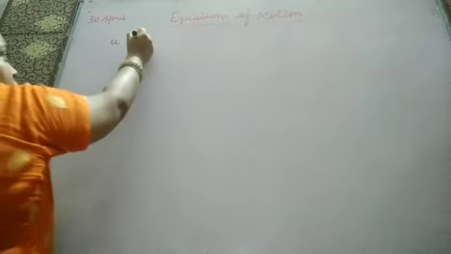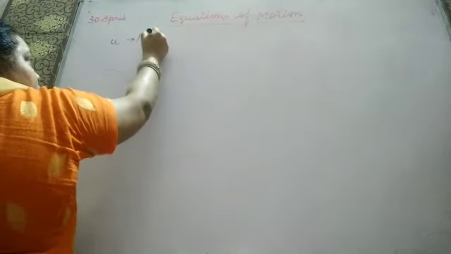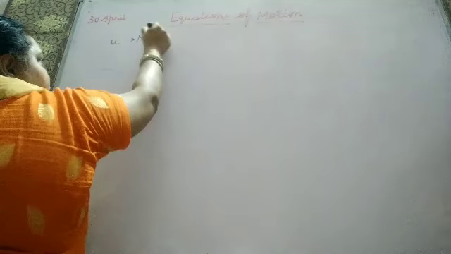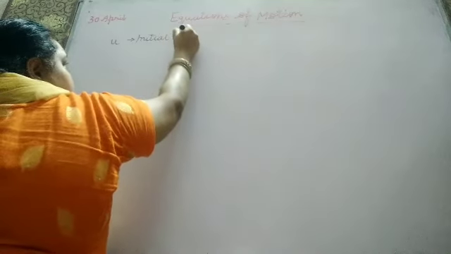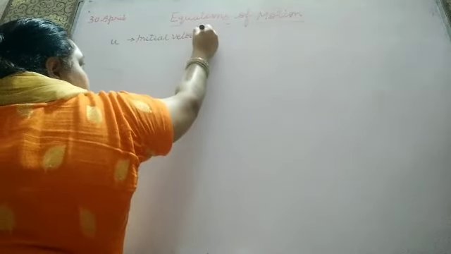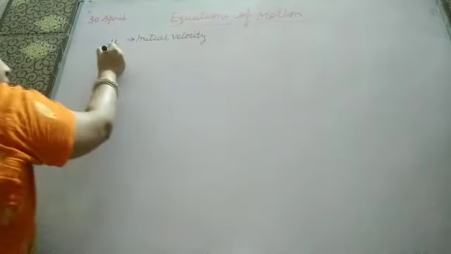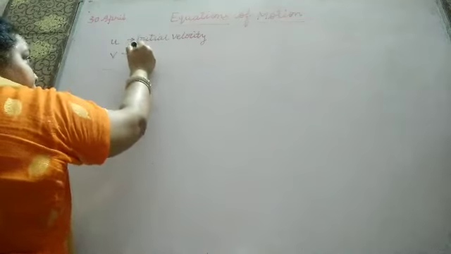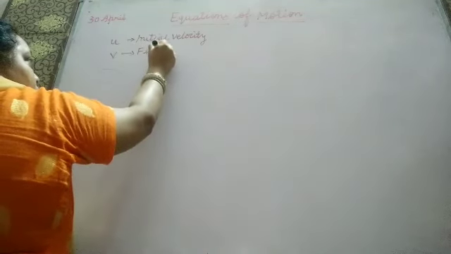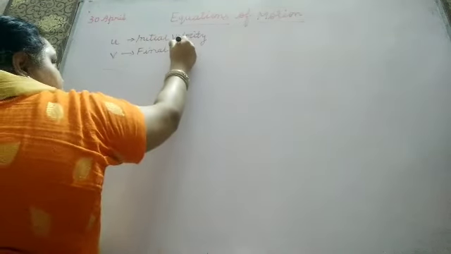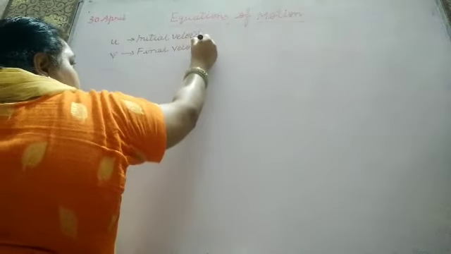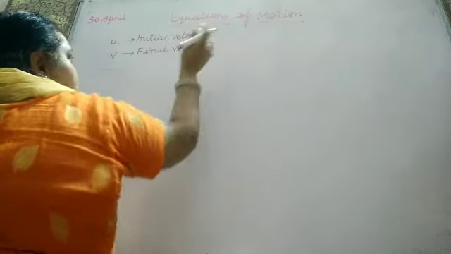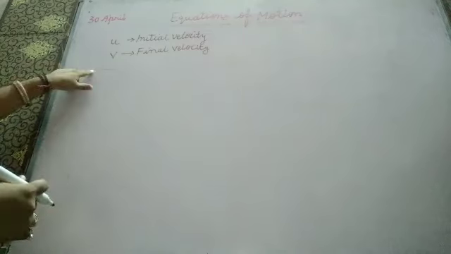Small u means initial velocity, okay. Then v. V is final velocity. To represent final velocity, we use v.